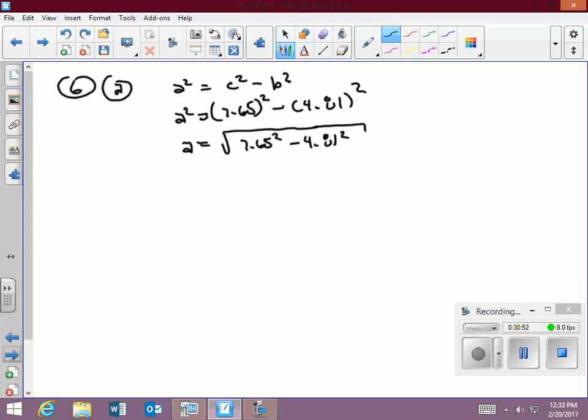Then the perimeter is going to be the sum of A plus B plus C. So it's going to be the square root of 7.65 squared minus 4.81 squared, plus 4.81 plus 7.65.